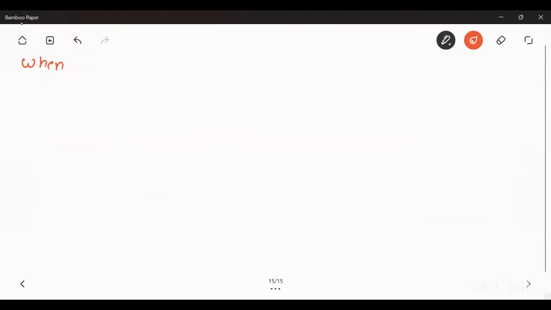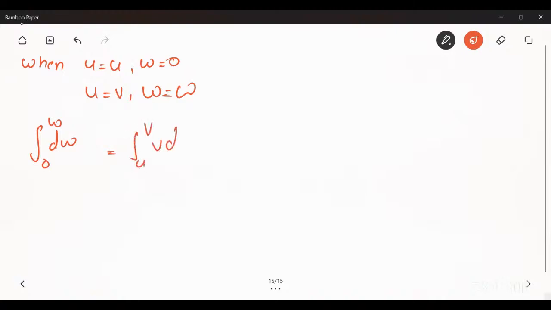When it has initial velocity u, work done equals 0. And when it moves with velocity v, work done will be w. So integrate the above equation within the limits 0 to w, and here from u to v, m v dv. I have proved earlier that the integral of v dv is v square by 2. So m times v square by 2 from u to v, and dw is only w, from 0 to w.